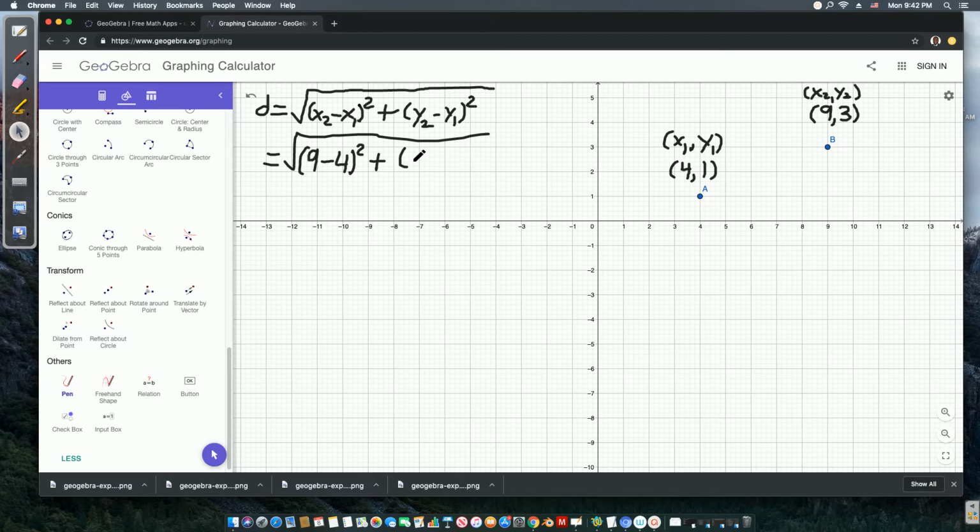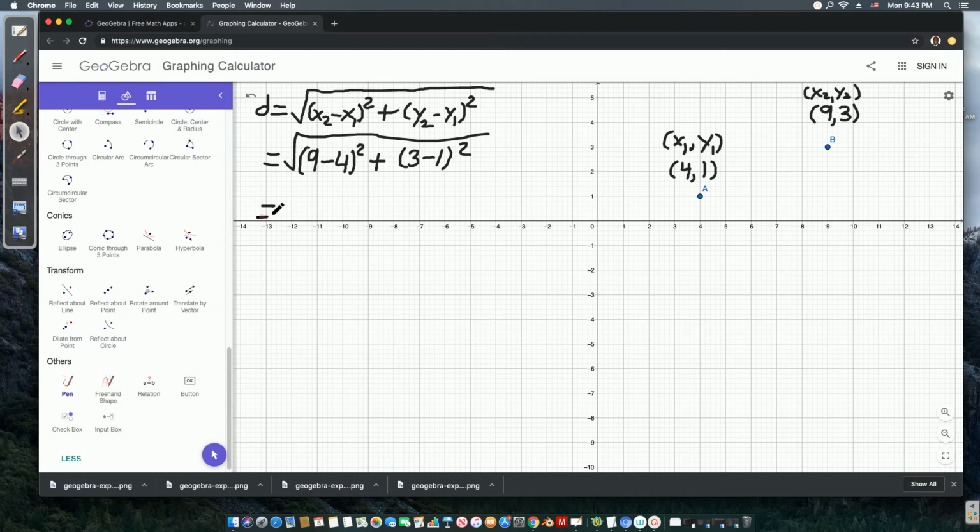So first value is y2, which would be in the second point. Y2 in this case is the value 3, and it says subtract, and then we look for y1, which would be in point 1, and y1 here has a value 1, and then we square.